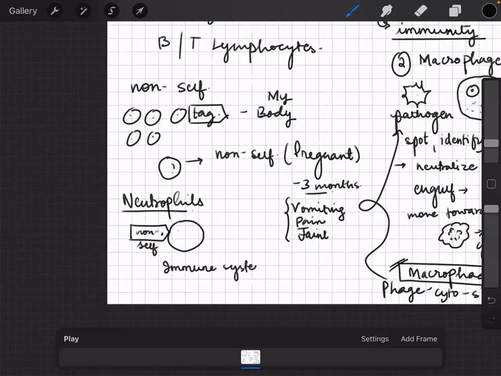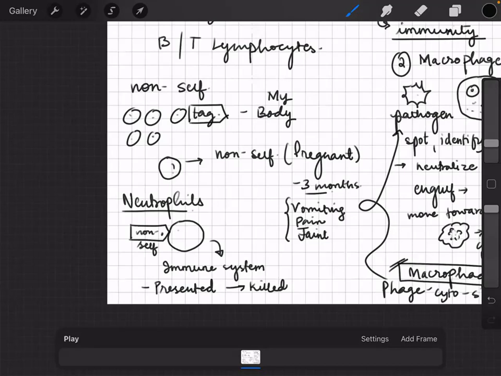These cells will be taken to your immune system, and these cells will be presented to your immune system so that they can be killed. When you take a cell and present it to your immune system, you are called a presenter cell.